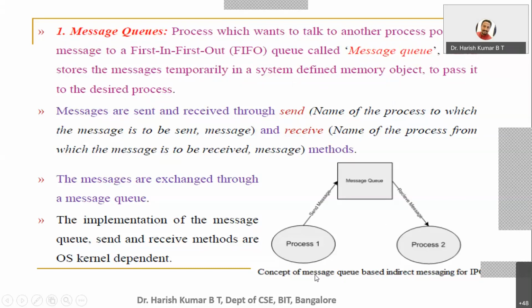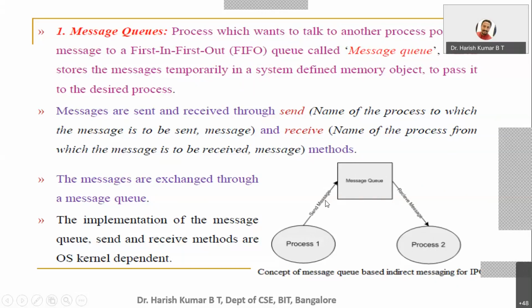Now the simple diagram is also given here. Process 1 and process 2. So this is now not a shared memory. It is a message queue. We have the message sent by process 1. It goes and sits in the message queue, and the same is received by the other process 2. Now, why am I saying this is not a shared memory? Because the primitives used here are not read and write.